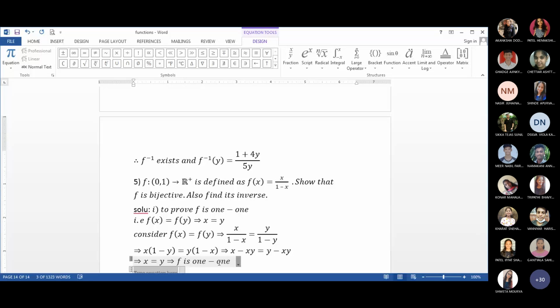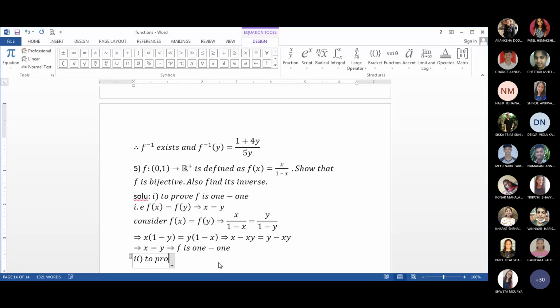Now, what do we do for onto? Every element in the codomain should have a pre-image.